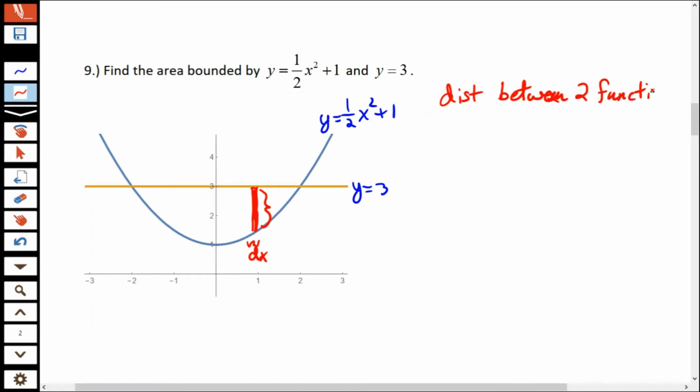Okay, there's a simple rule that I'm going to end up using, and I want you to try and use it. That will always give you a positive answer. You're never going to have to worry about are you below the x-axis, are you above, is one function below, is the other one below. Like all of that flies out the window if you can just remember top minus bottom.